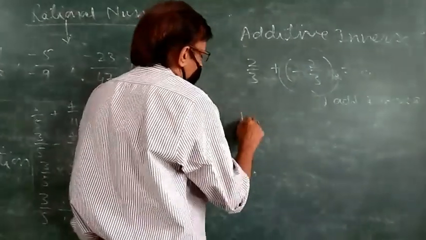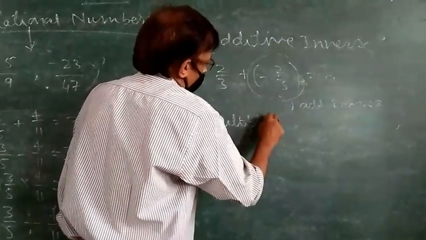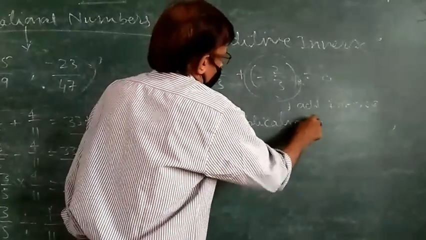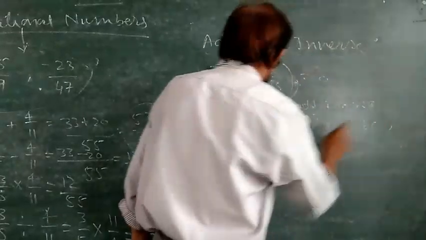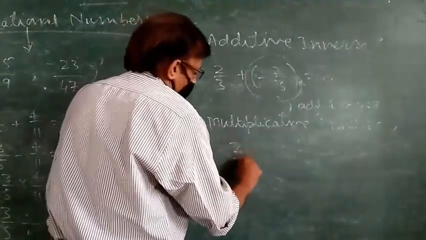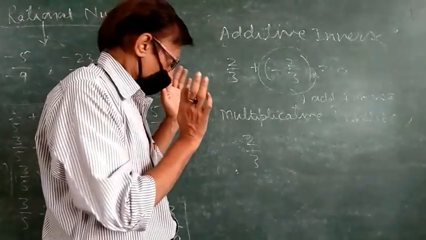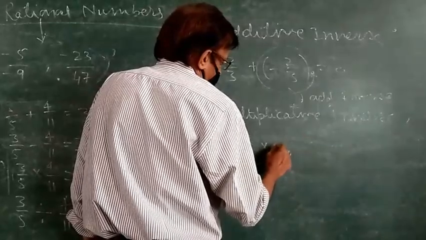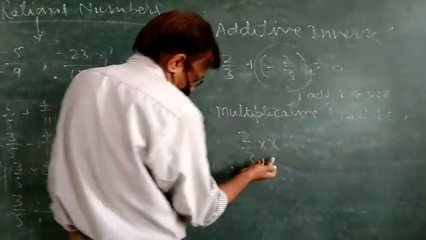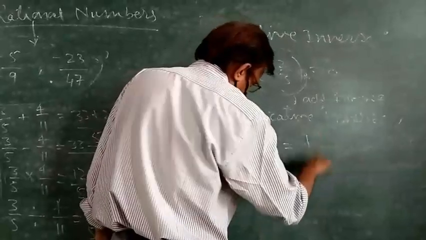Now suppose you want to find the multiplicative inverse of 2 upon 3. This is our rational number of which we want to find the multiplicative inverse. Then we have to find such a number x that on multiplying this number with 2 upon 3, we must get the answer 1.